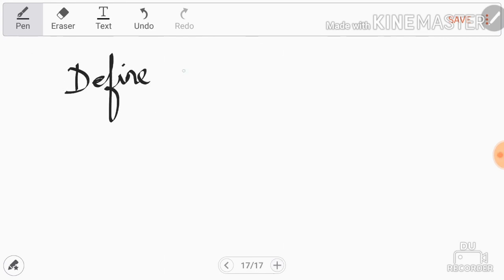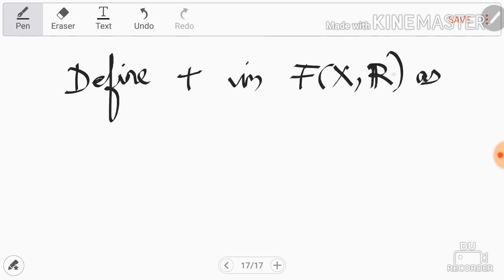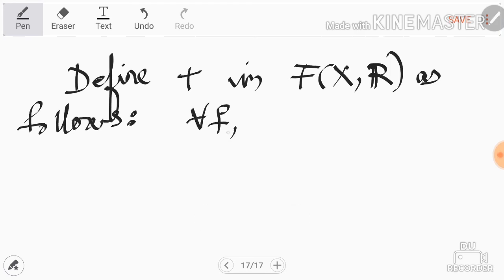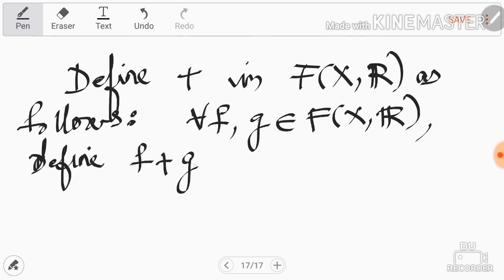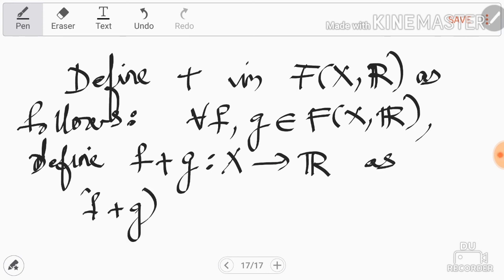I can define plus in F(X,R) as follows. Whenever I have two functions f and g belonging to F(X,R), I'll have to define f plus g as a function from X to R. Whenever it acts on any element in this space, of course its output has to be in this space.